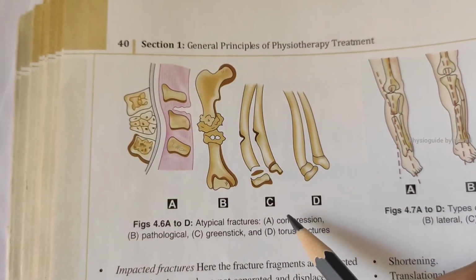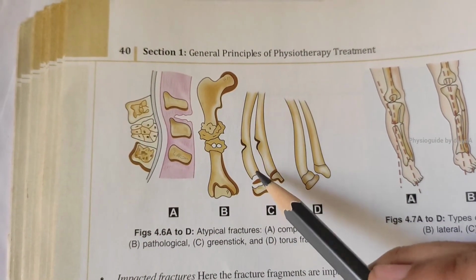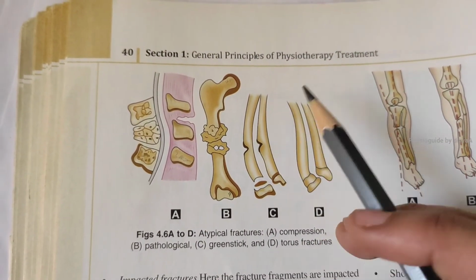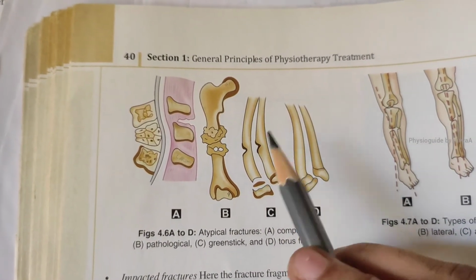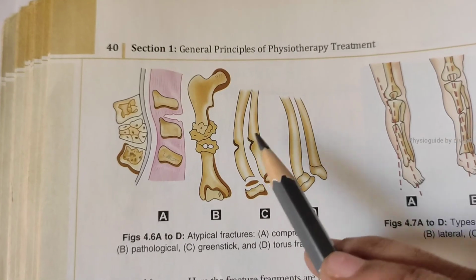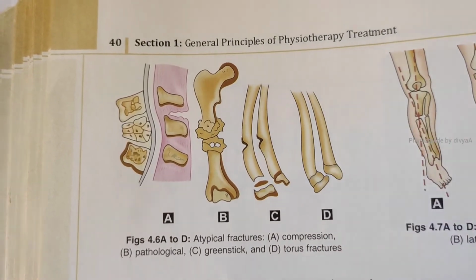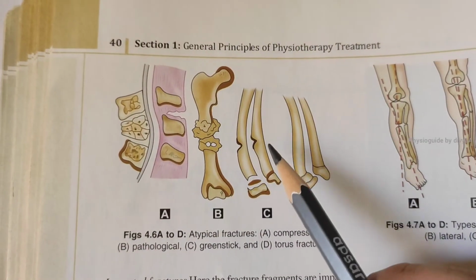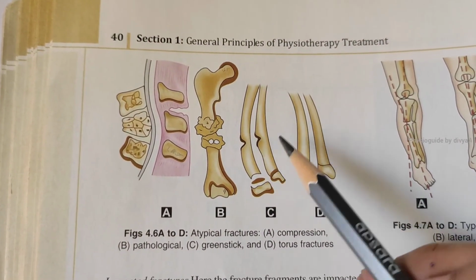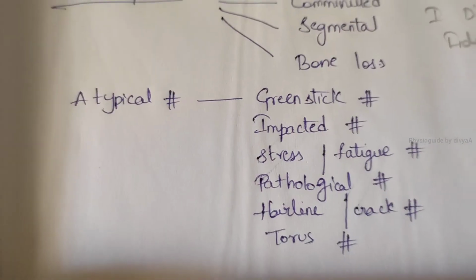Now atypical types. This is the greenstick. It is seen in children where the bone is elastic. The bone is elastic and easily bent, and there is a breaking of the cortex, the surface of the bone. Due to easy bending, this type of greenstick is seen in children. Next one, impacted.